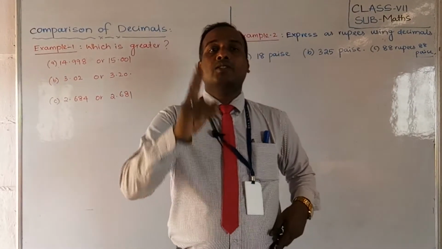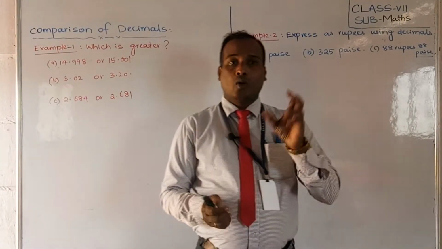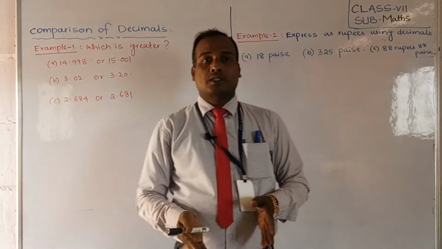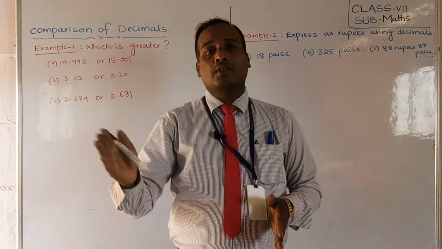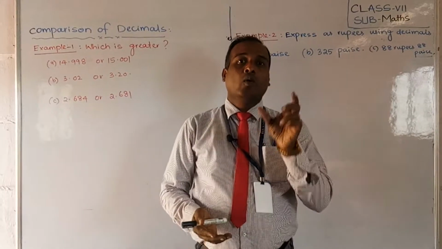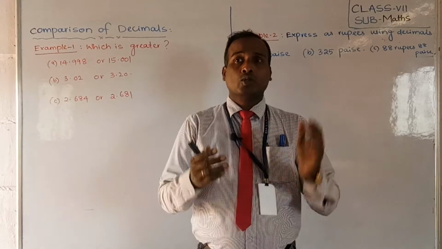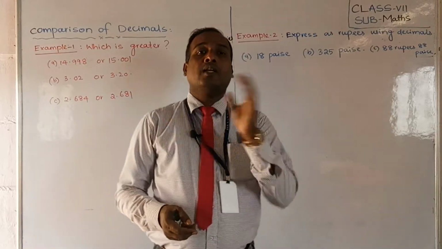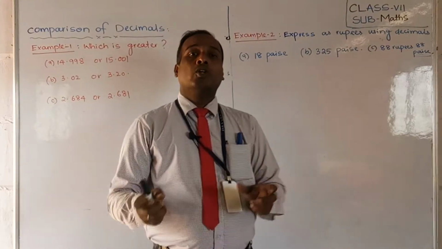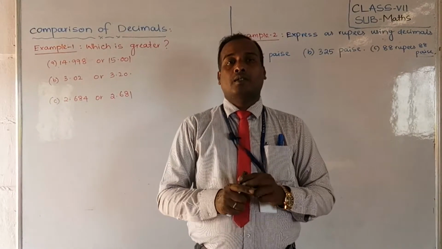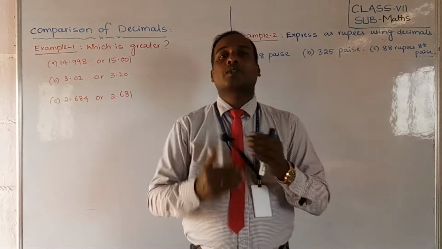Every decimal has two parts: one is the whole part, another is the decimal part. After the decimal point is called the decimal part, and before it is called the whole number part. So first compare the left side numbers of both decimals, that means the whole part.